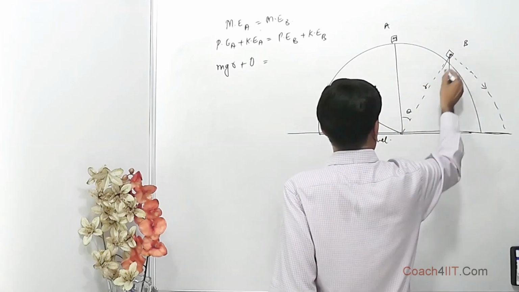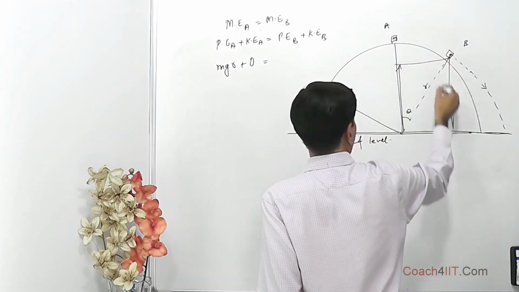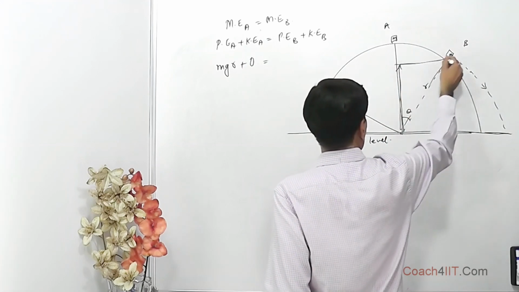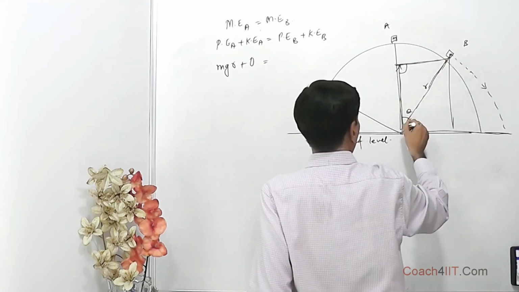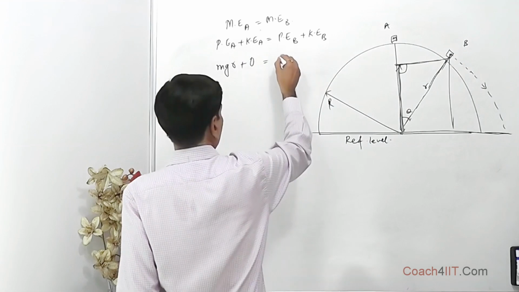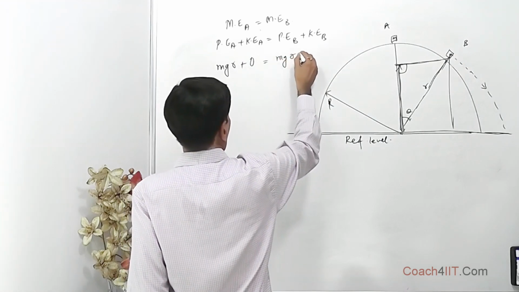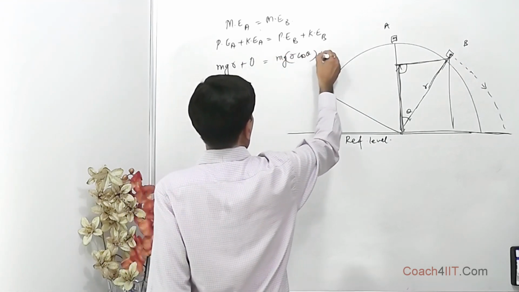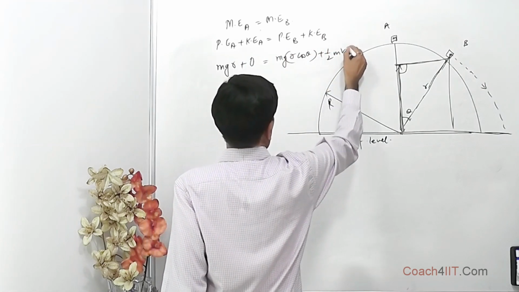This is r, and in this right angle triangle the hypotenuse is r, so the height is r cos theta. So it is mg r cos theta plus half m vb square.